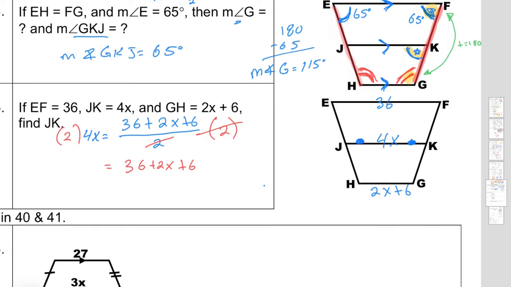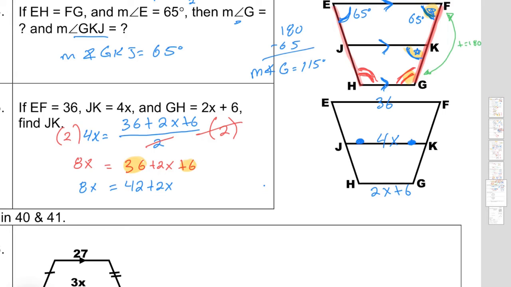On the left side, when I simplify, 2 times 4x gives me 8x. And then I can combine like terms. So the 36 and that 6 combine to give me 42. And I still have the 2x and the 8x on the left side.